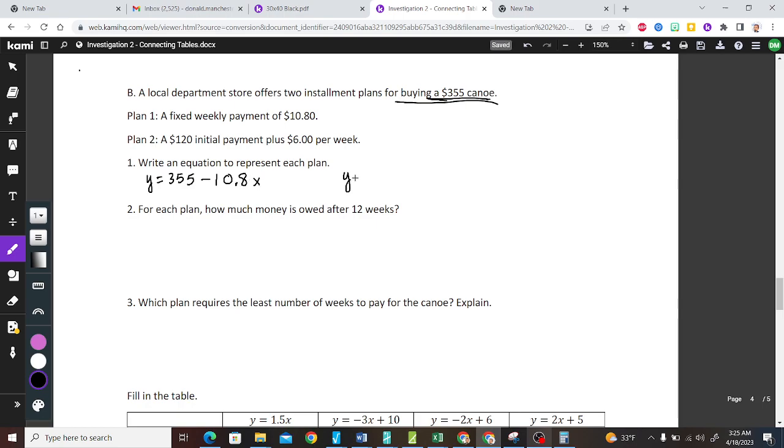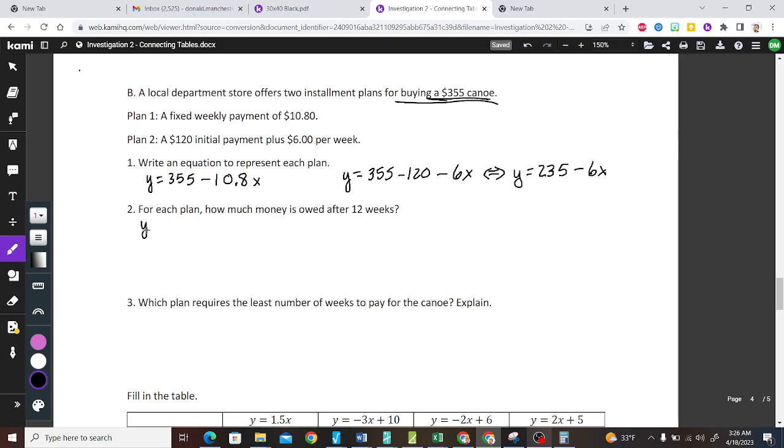Over here, it's y equals 355 minus 120 minus 6x, which is better stated as y equals 235 minus 6x. So this time, how much money is owed after 12 weeks?